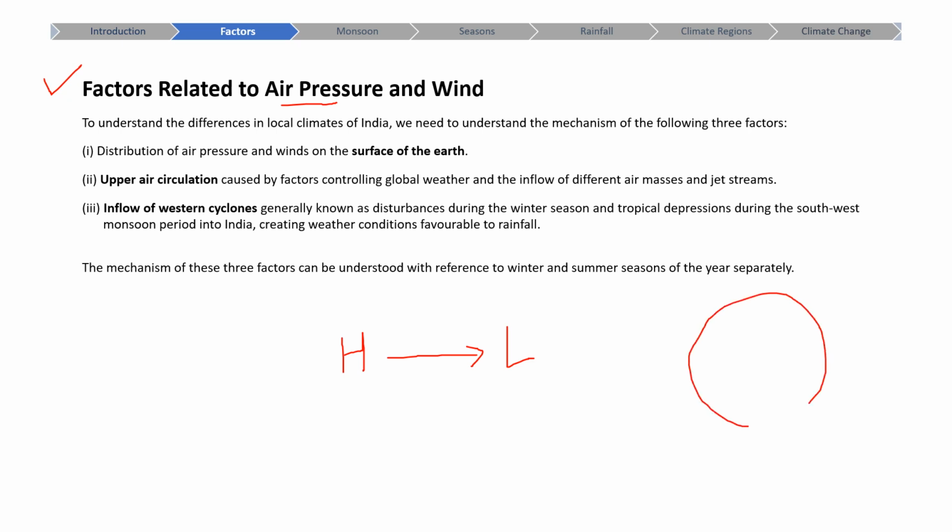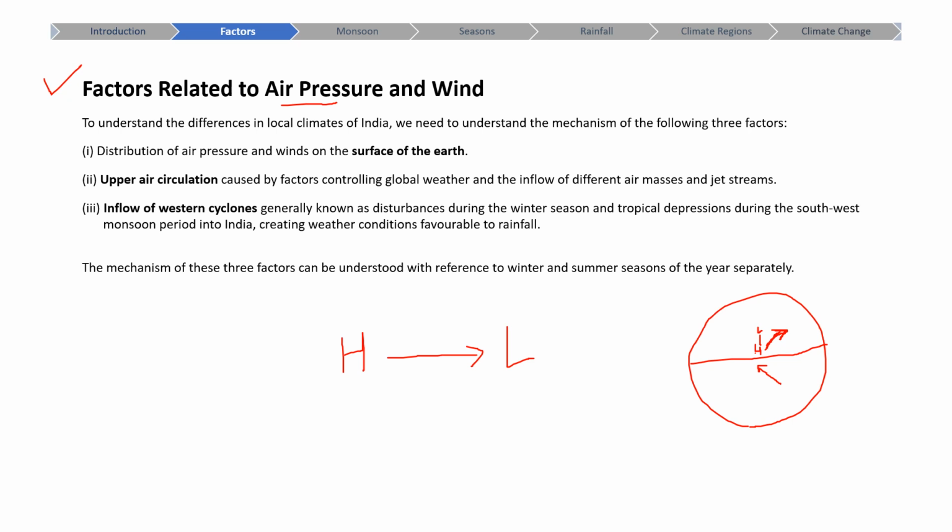But another impact, as I have discussed before, is that winds will not move in a straight direction, but in this direction, because due to the Coriolis force, winds get diverted towards the right side, and in the southern hemisphere winds divert towards the left-hand side.